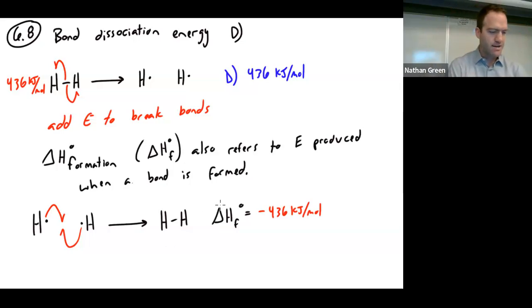So we refer to the heat of formation as a negative number because you produce energy when a bond is formed.